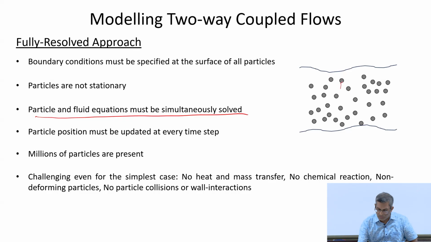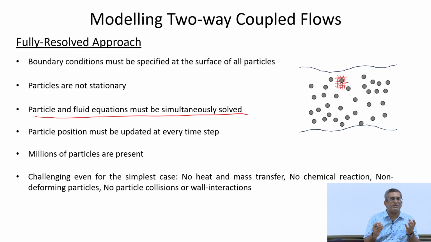So, for example, this is what should be the grid size. So you are resolving the flow around individual particles. Then only you can couple them. So then only you can bring in the force that the particle exerts on the fluid.